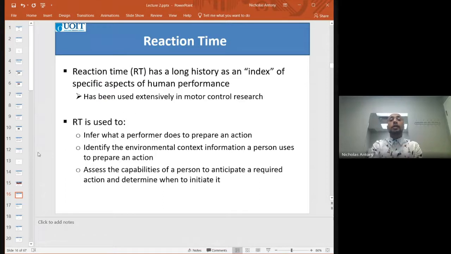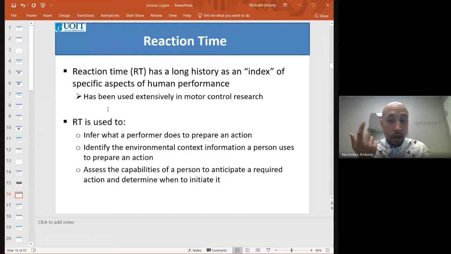Like I said, reaction time is used in motor control research as an index of the specific aspects of human performance that are altered by changing different variables in the environment. It is used to infer what a performer does to prepare an action. Let's say you change something in the environment and the reaction time goes up.